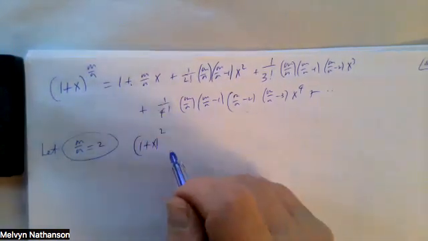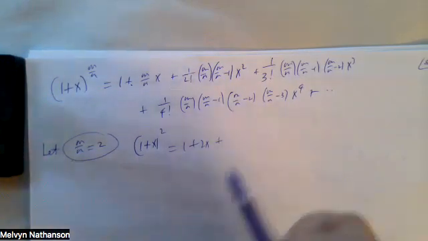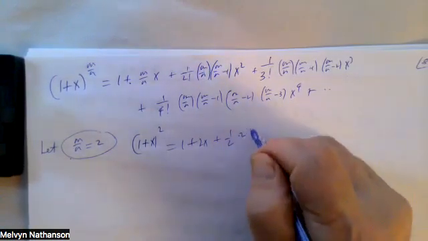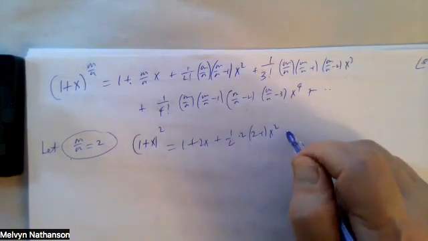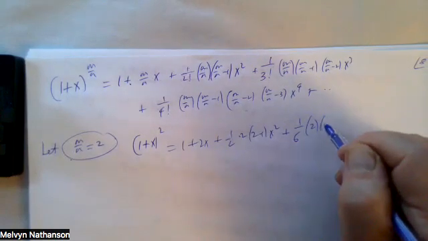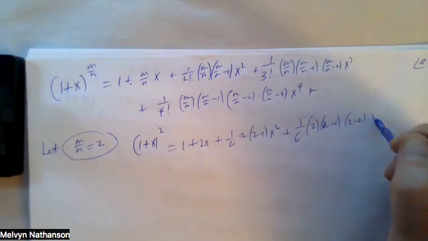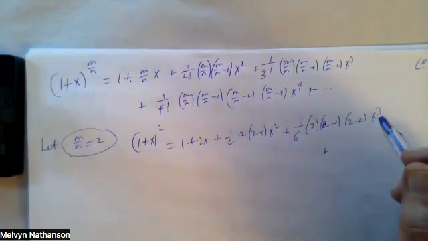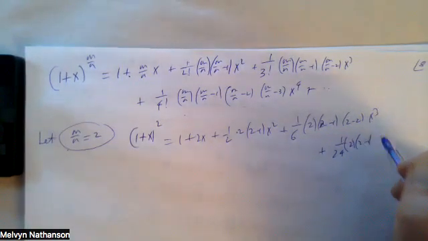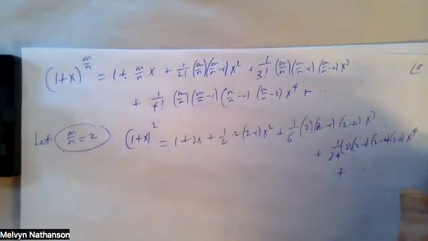We get 1 plus 2x plus 1 over 2 factorial, that's 1/2, times 2 times (2 minus 1) x squared, plus 1 over 3 factorial, which is 1/6, times 2 times (2 minus 1)(2 minus 2) x cubed. 4 factorial is 24, so 1 over 24 times 2, (2 minus 1), (2 minus 2), (2 minus 3), x to the fourth. And this keeps going on forever.